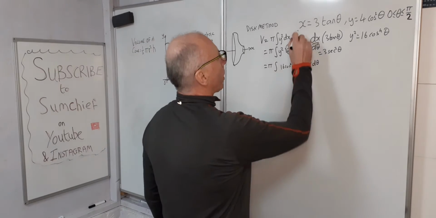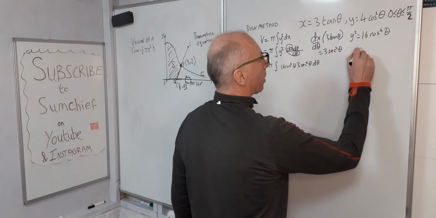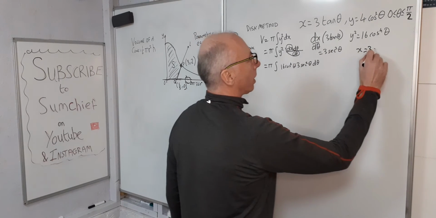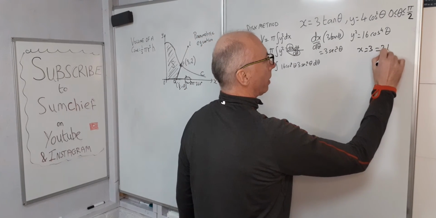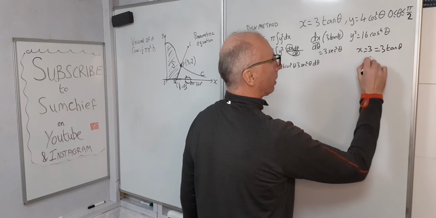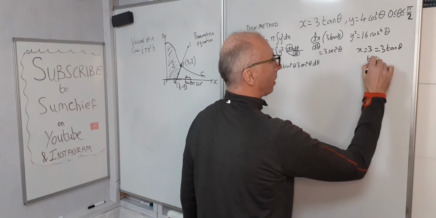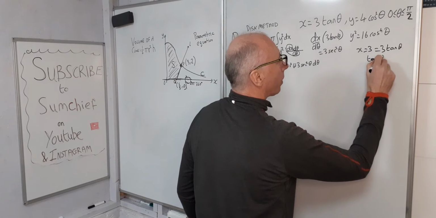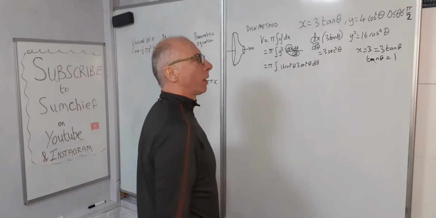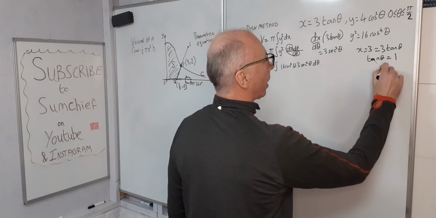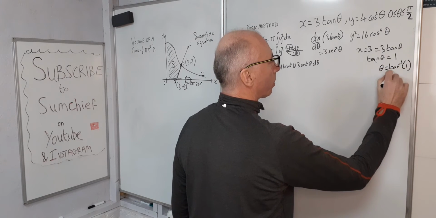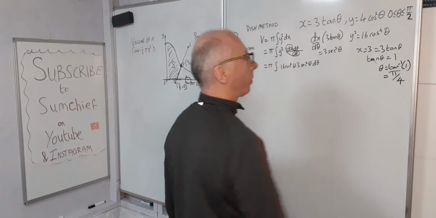So we can plug in x equals 3, and then say 3 equals 3 tan theta. That means tan theta equals 1, dividing both sides by 3. So therefore theta equals inverse tangent of 1, which equals pi over 4.